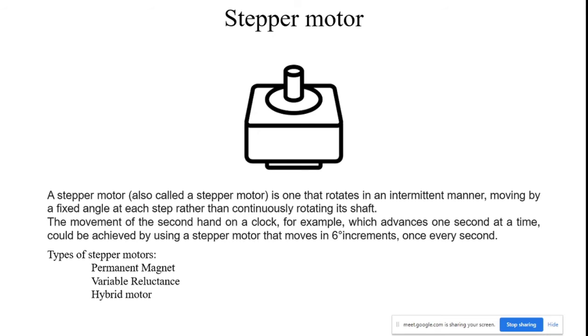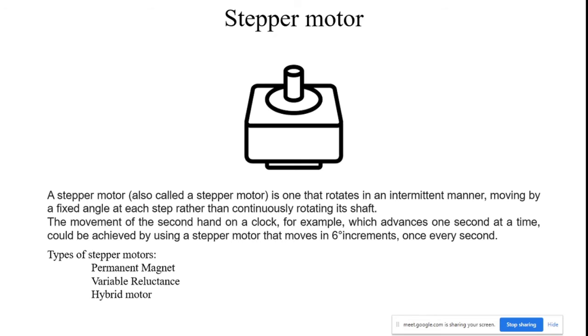In that, the first driving system is the stepper motor. A stepper motor is also called a stepping actuator, with a stepped rotational motion. It is one that rotates in an intermittent manner, moving by a fixed angle.